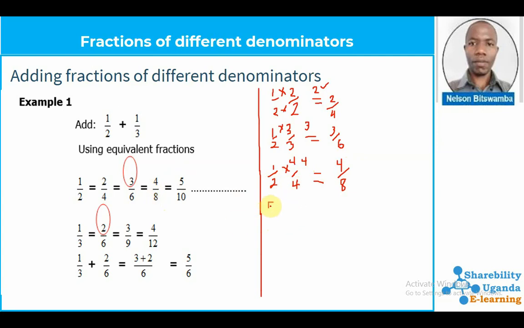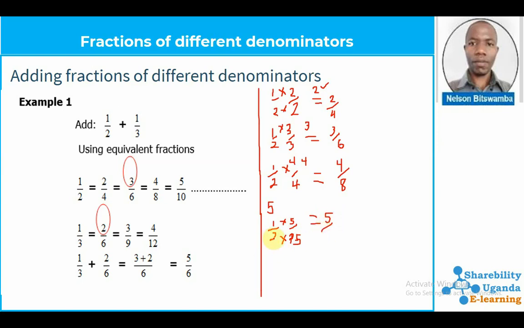Should we also try another number? Let's let the number be 5. So we say 1 out of 2 times the 5 which we have chosen, for the numerator and our denominator. When you say 5 times 1, we shall get a 5.